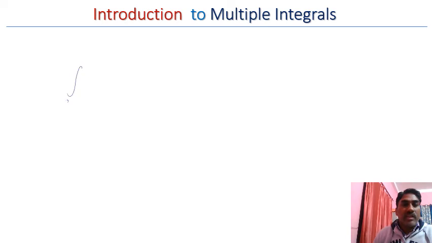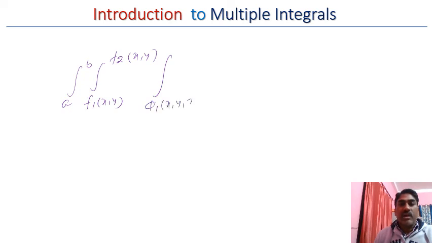Suppose we have the limit of a to b, integral f1(x) to f2(x), and phi1(x,y) to phi2(x,y), of the function of x, y, z, with dx dy dz.